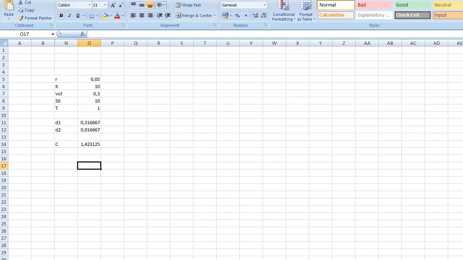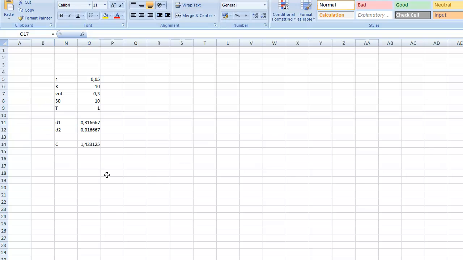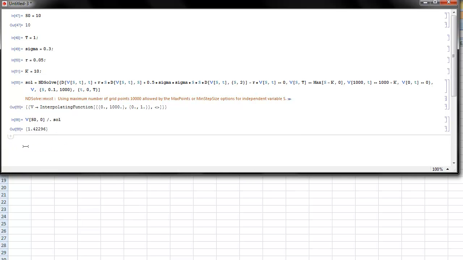The exact result is 1.43, and nearly the same I got in Mathematica. Okay, but anyways, we can obtain some more information from Mathematica, because the solution is basically a grid. It's a grid, and we are going to plot the grid.